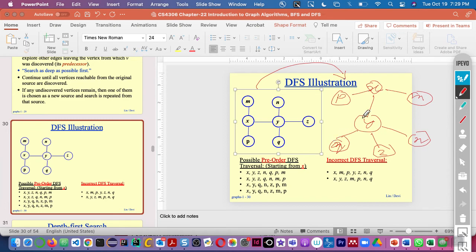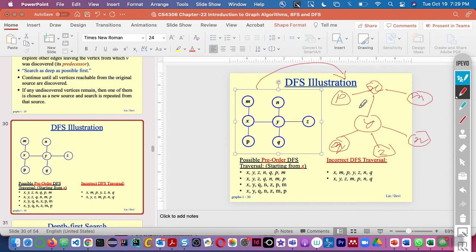In the breadth first search algorithm, what did we do? We started from one point and we completed that level, all nearby adjacent vertices, and then we went to the second level.